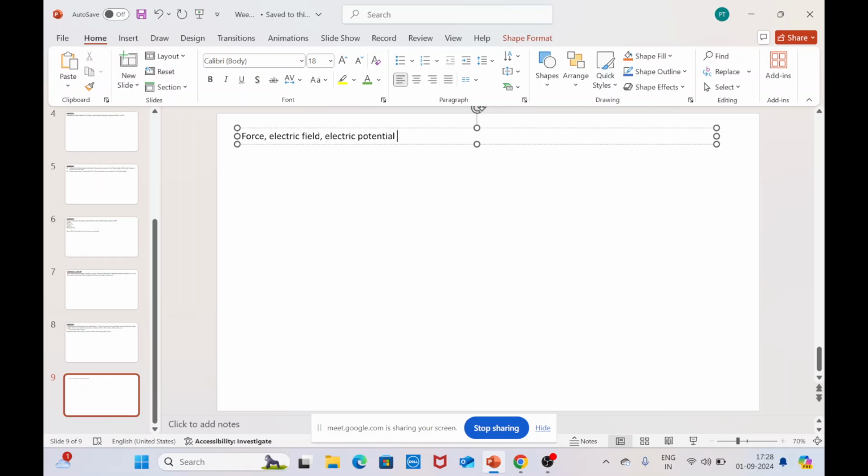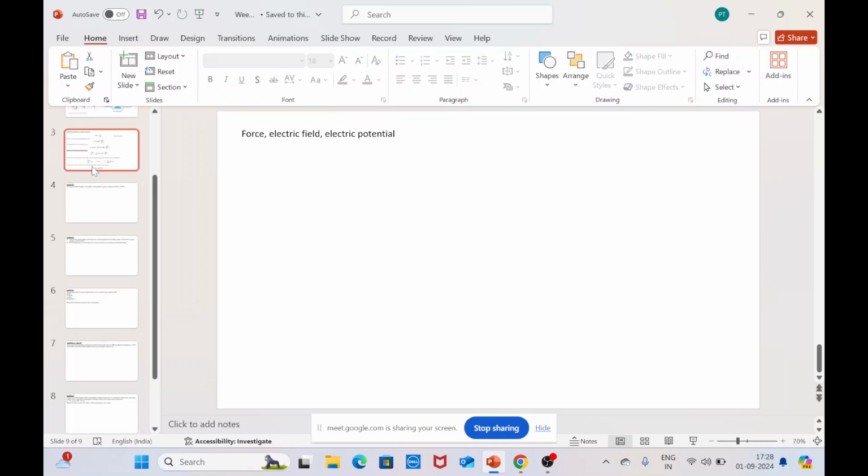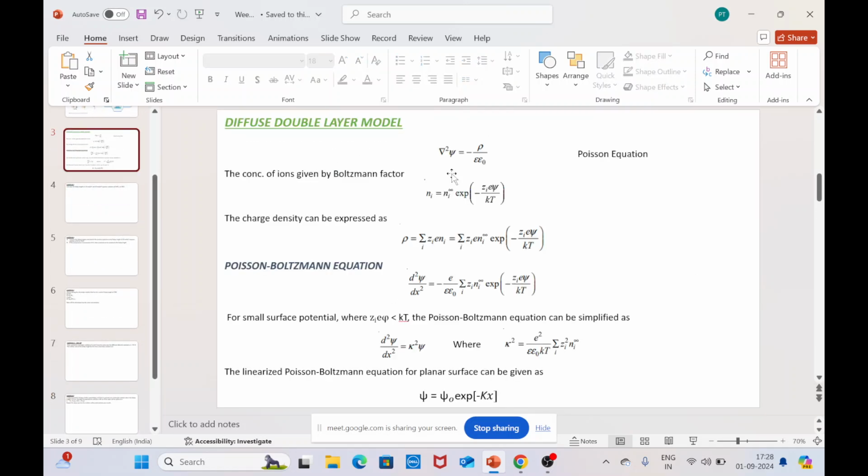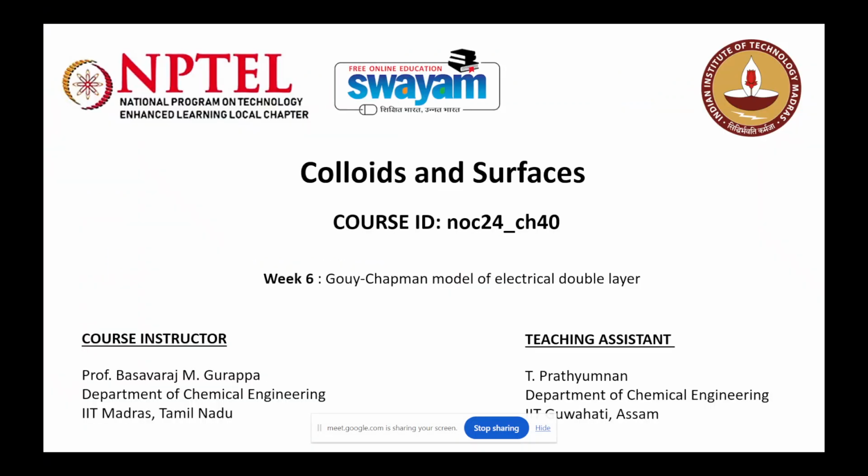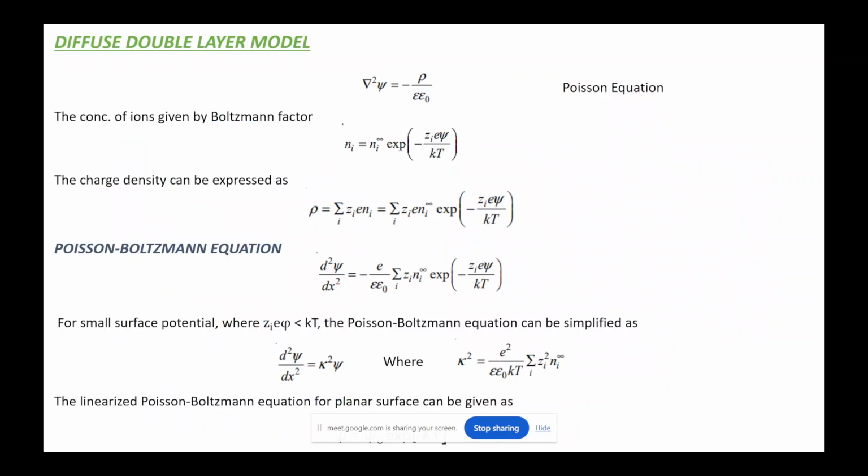Based on this, we take these equations as the base, and we develop further equations by incorporating other variables. That's how we come to this diffusive layer model. We use the concept of electrostatic force, electric field, and electric potential, and with that we incorporate certain more variables and build up our diffusive electric double layer model.